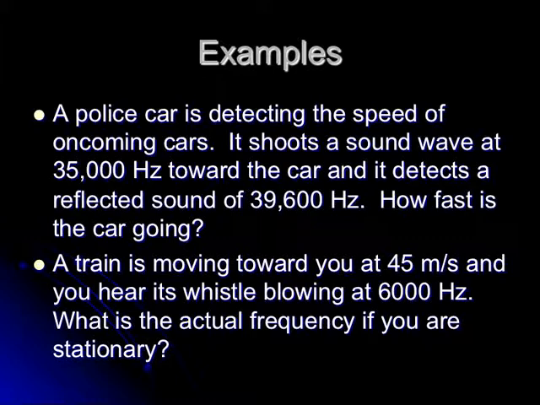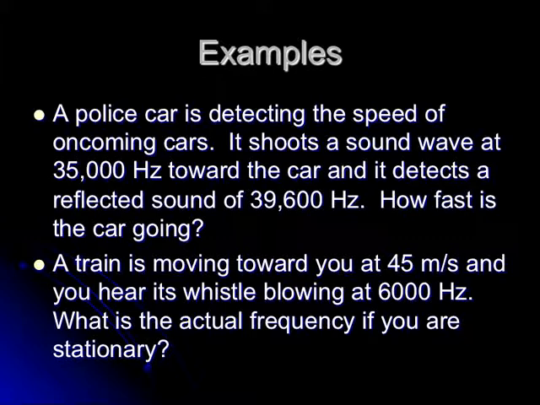So the police car shoots out 35,000. That's going to be the source, so that's FS. I know y'all can't see what I'm writing right now, but I'm going to pull it up in just a second. So FS is 35,000. The police car hears 39,600.